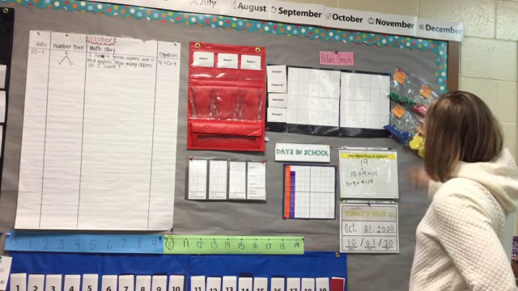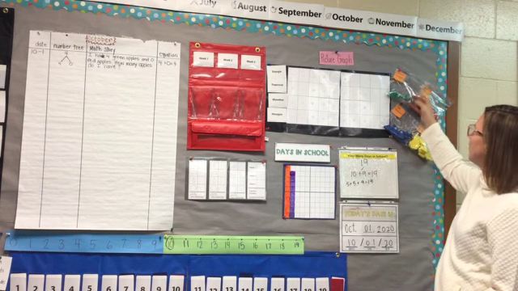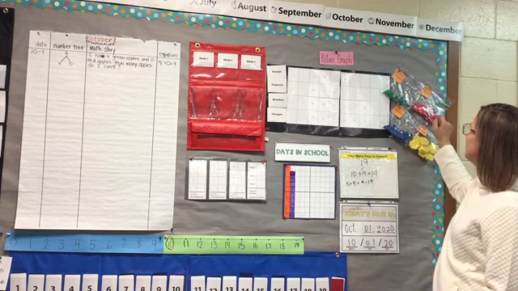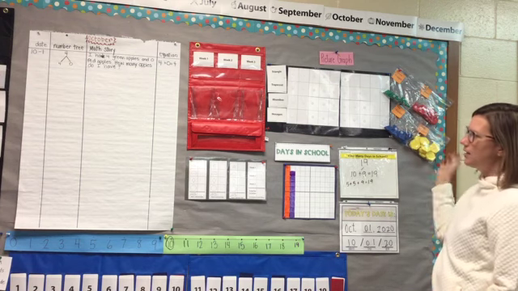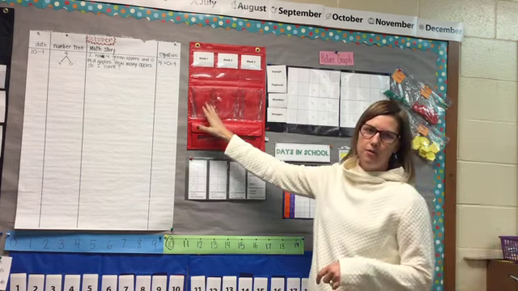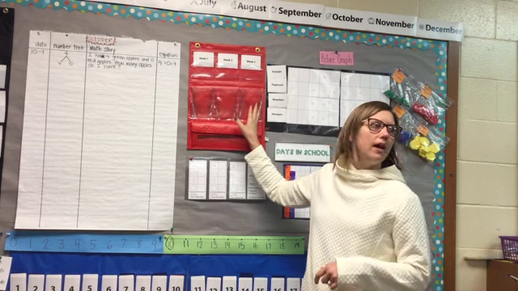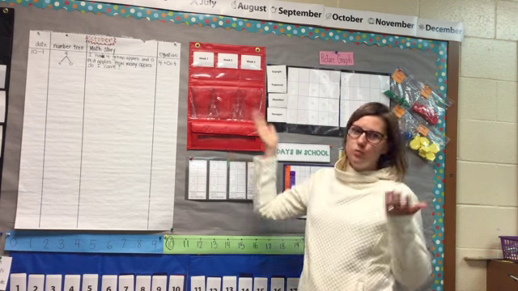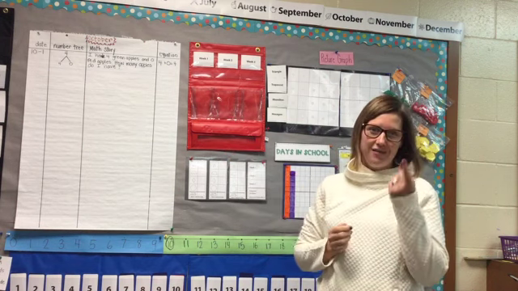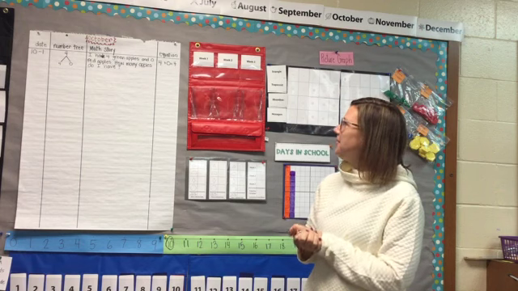So you might see over here we have little baggies full of them. Green triangles, red trapezoids, blue rhombuses, and yellow hexagons. And we're going to collect them week 1, week 2, and week 3. So this is week 1, and yes, we'll only have 2 days in week 1, but that's okay.